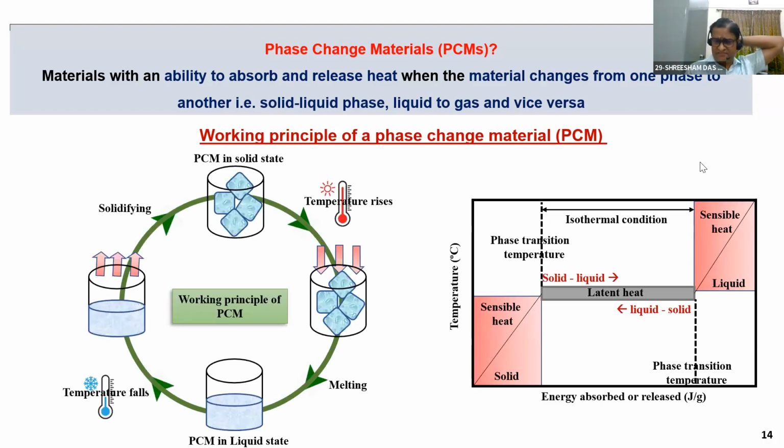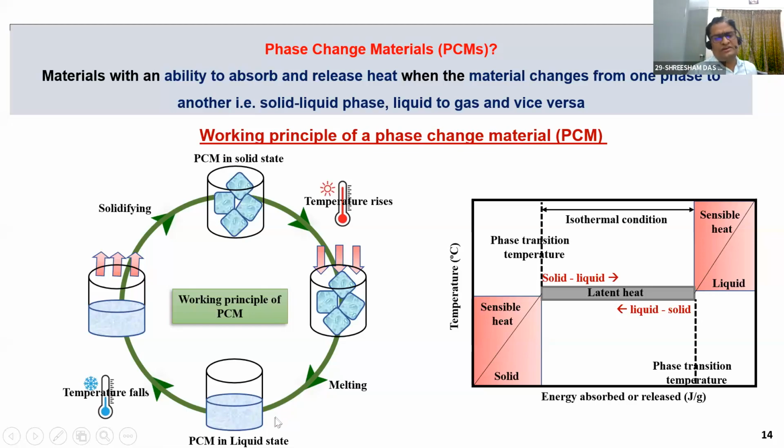Now see the circle on the left, the PCM in the solid state. When the temperature rises, the heat produced because of the rise in temperature gets absorbed by the phase change material, and it melts.